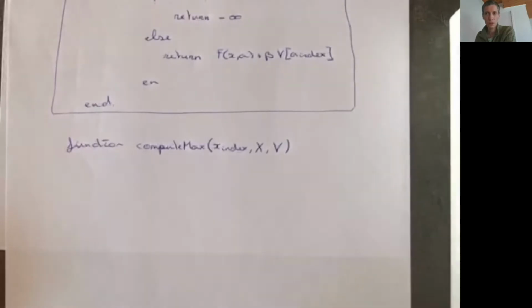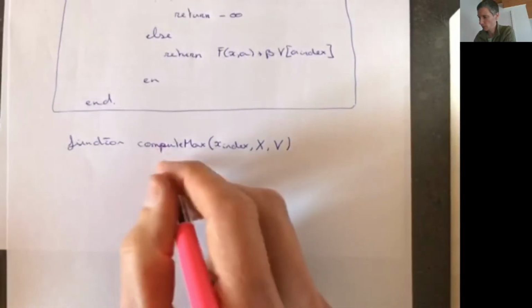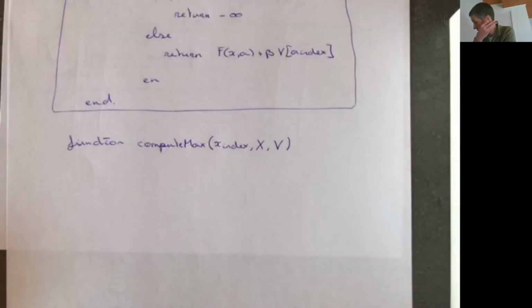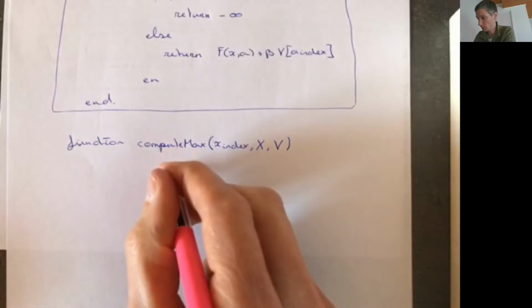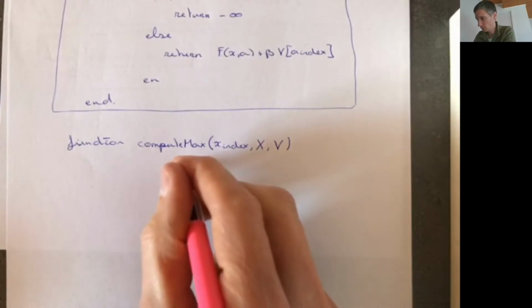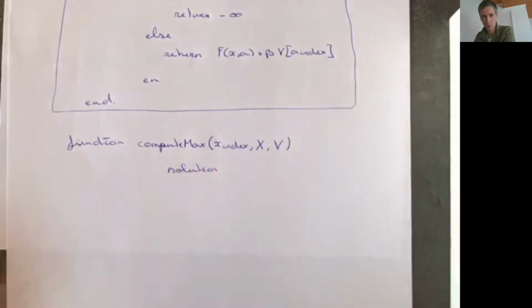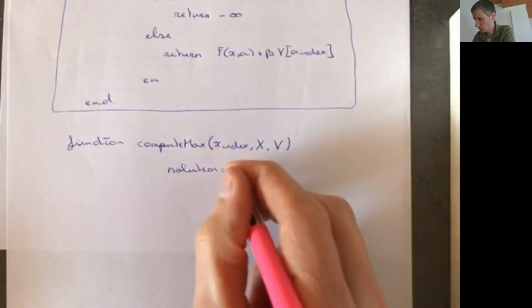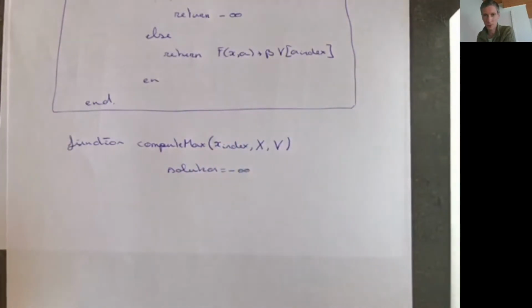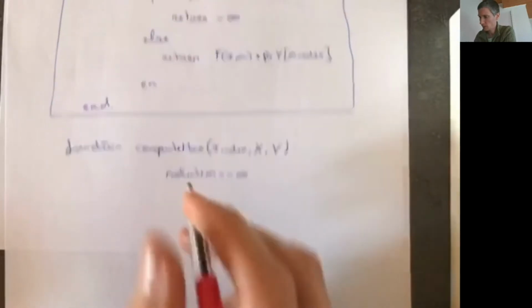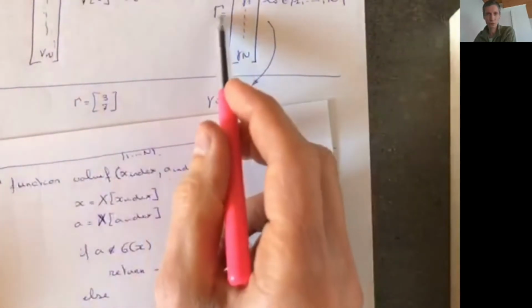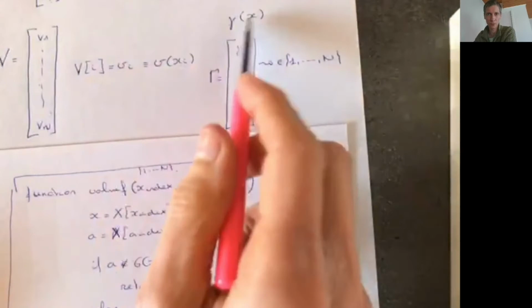So how can I compute a maximum? Well, I can make a variable, let's call it solution, right? And I can put it at minus infinity to start, and I probably also want to store this thing here, the optimal value, okay.